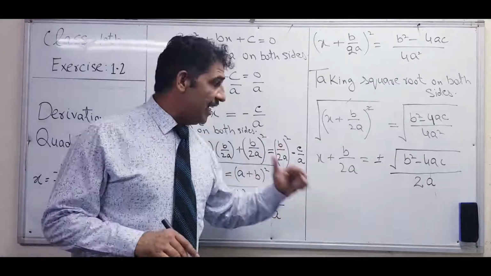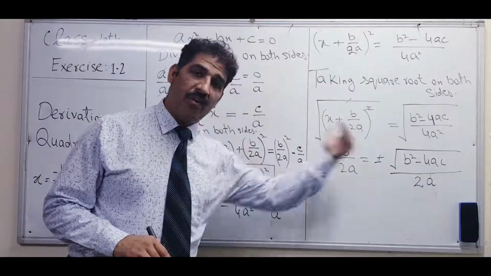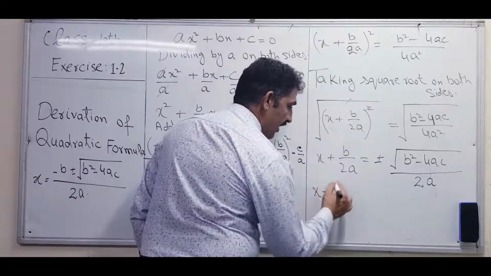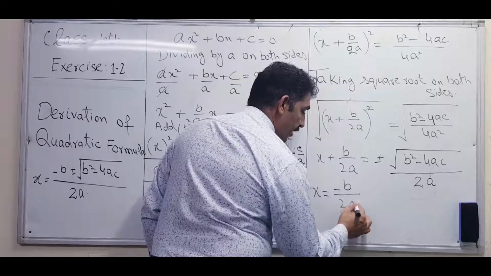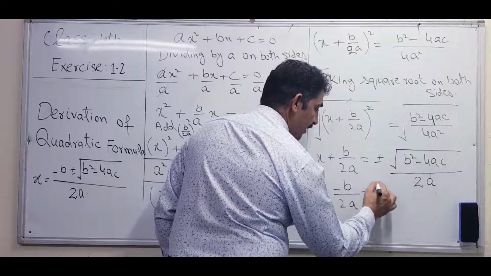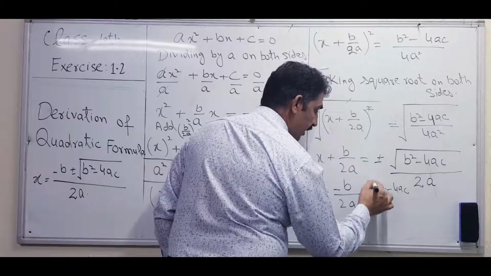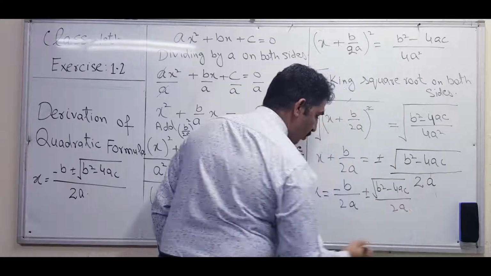We have to make x single on the left hand side, so we have to shift b over 2a on the other side. So what will be happen when we are shifting other side? So minus b over 2a plus minus b square minus 4ac, it's root over 2a.